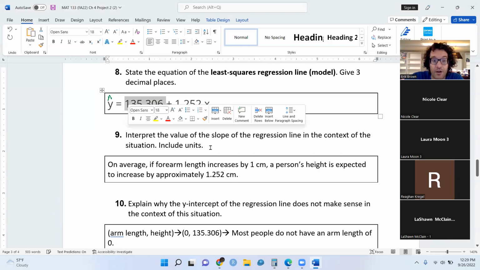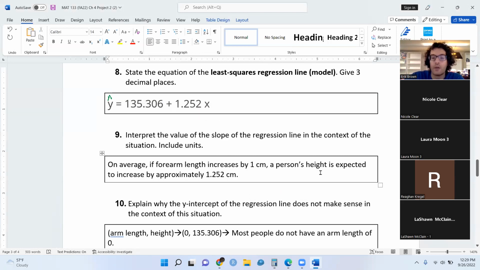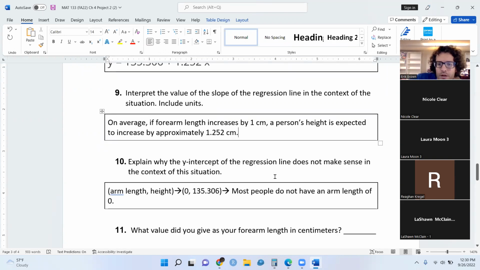If it was increasing by 135 centimeters, that would be ridiculously tall for every 1 centimeter of forearm. How are we feeling on that? You all feeling okay? Notice how we had to use the interpretation to explain why it doesn't make sense. You have to understand the interpretation of the Y-intercept in order to explain why that doesn't make any sense.